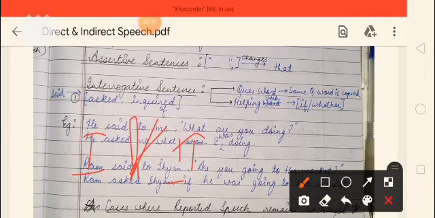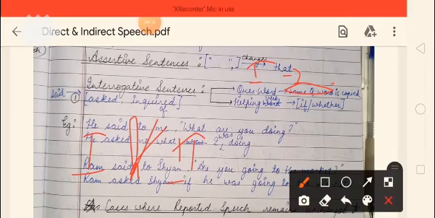Now if we are discussing case 1, the case of question word, then when we remove comma and inverted comma, the same question word gets copied down in indirect speech.